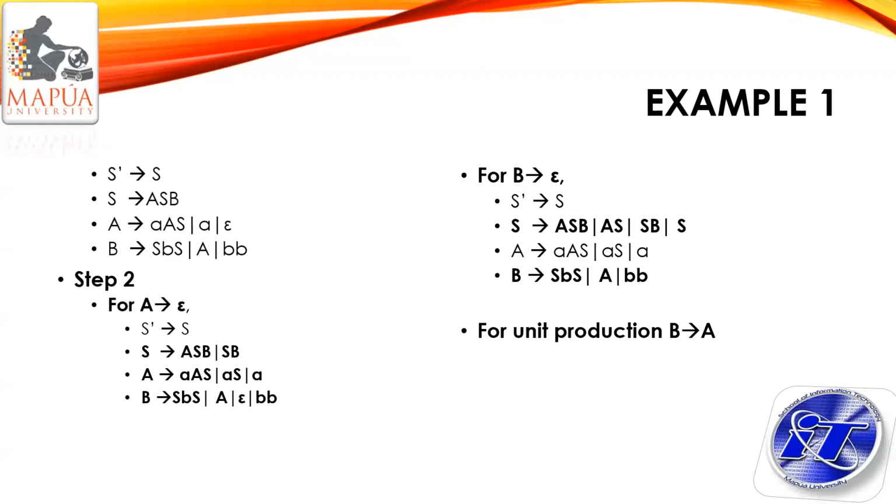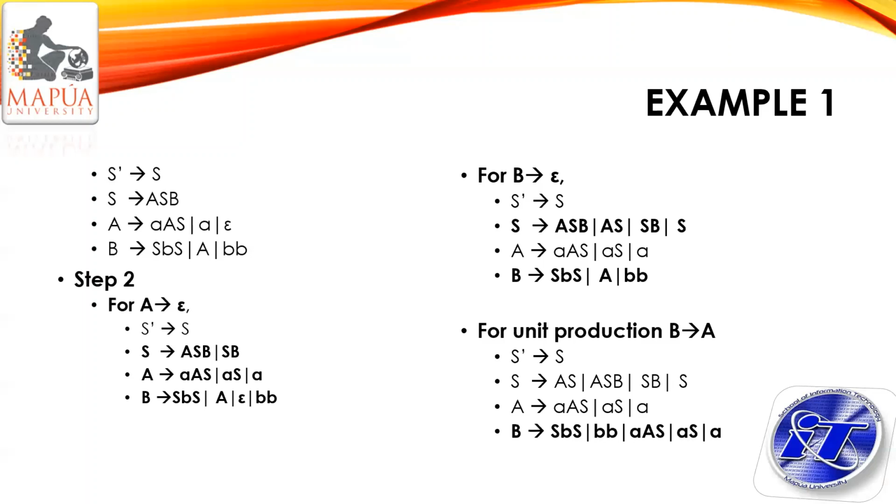So it means that A will be replaced by the third rule's right-hand side, which is AAS or AS or A. So just copy the first, copy the second, copy the third, and then A will be replaced by the right-hand side of the third rule. So now we have 5 results for B: 2 original, and from A we have 3.